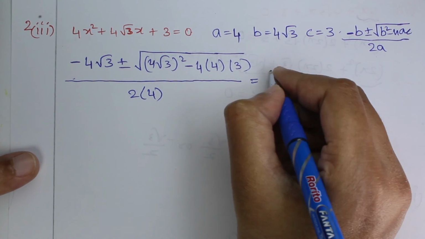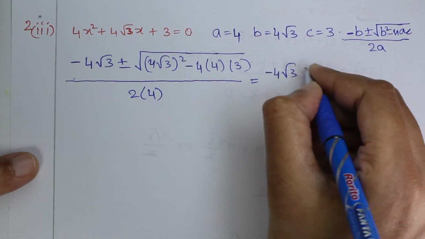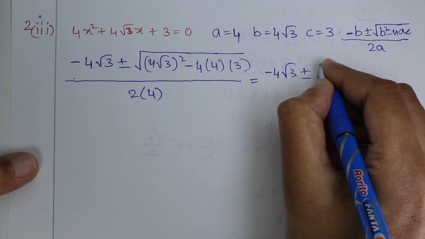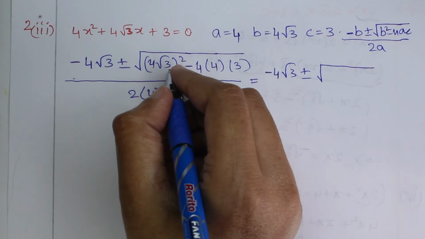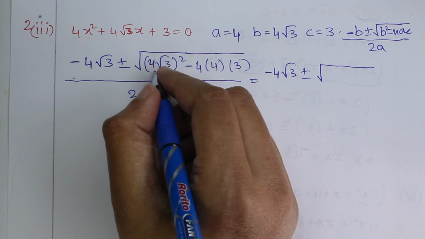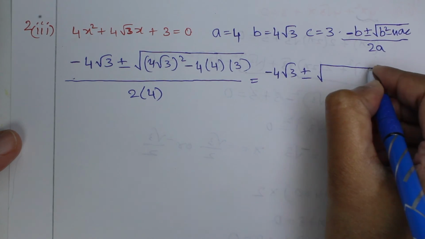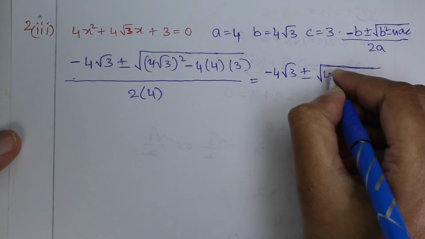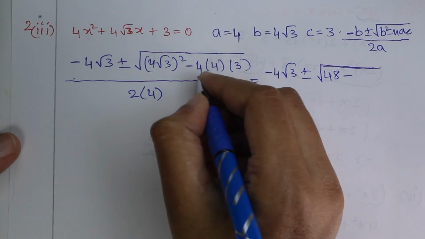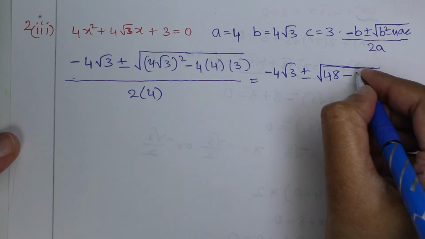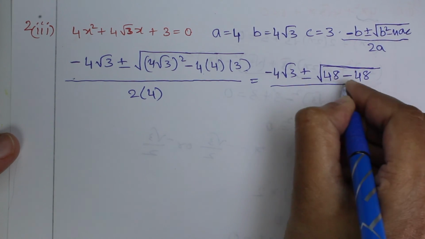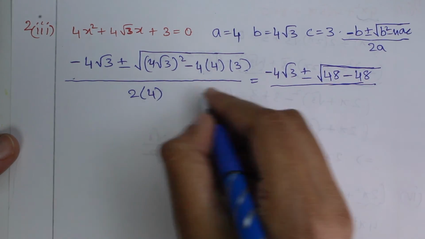It becomes minus 4 root 3 plus or minus square root of 4 square is 16. 16 3s are 48 minus 4 4s are 16. 16 3s are 48 divided by 4 2s are 8.